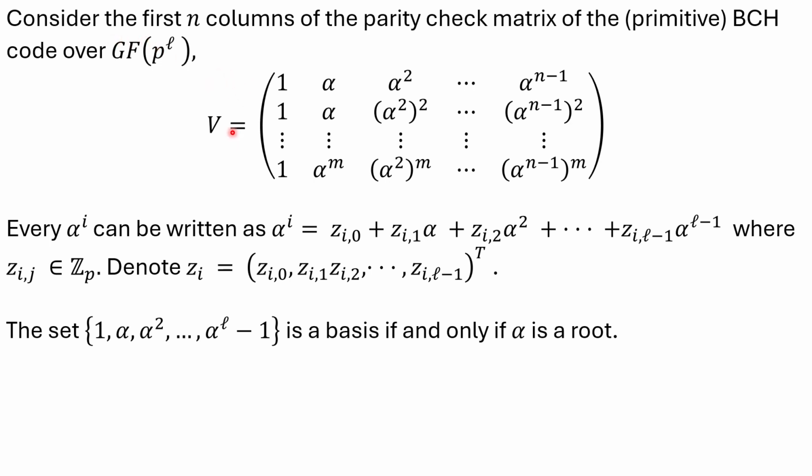We have this matrix V. Every alpha to i can be written as a scalar multiplied by alpha to some power. The set 1 to alpha to L minus 1 is a basis if and only if alpha is a root. And we said that alpha is a root, so this is a basis, and we can write each alpha to i by the basis.